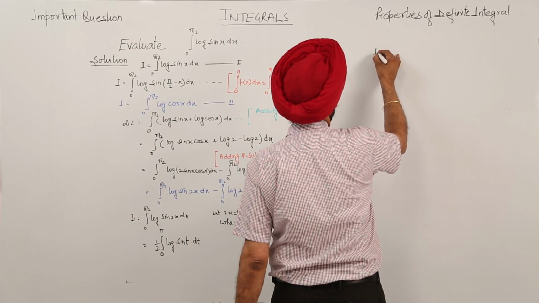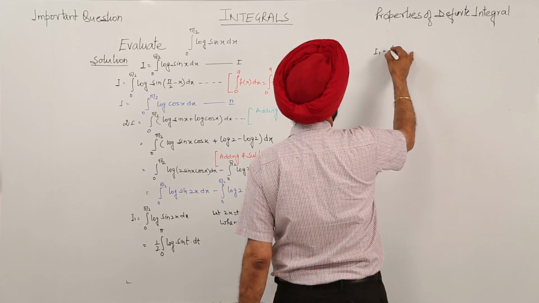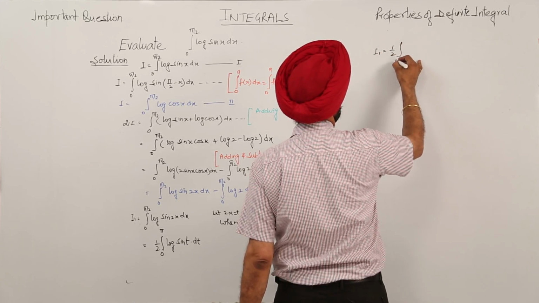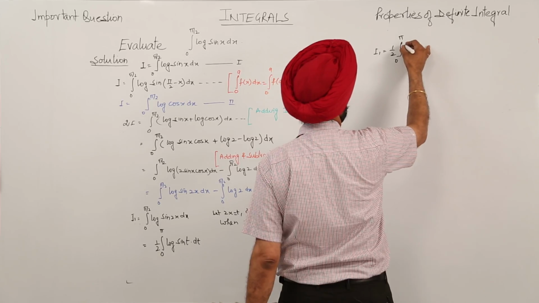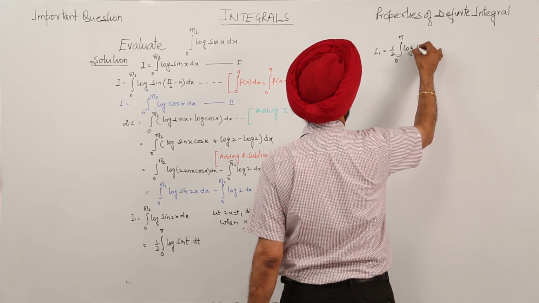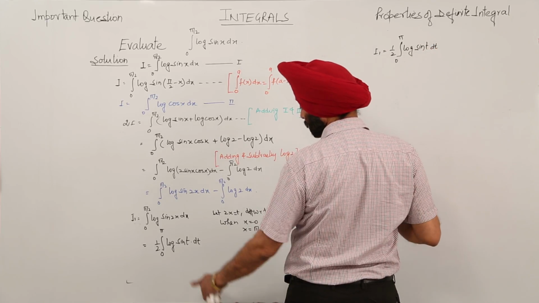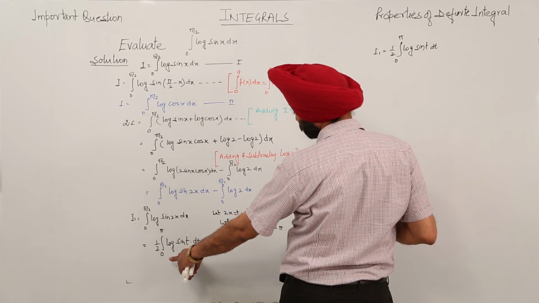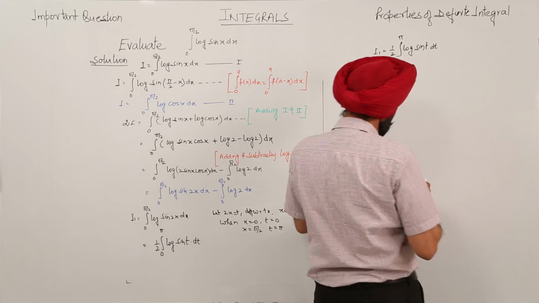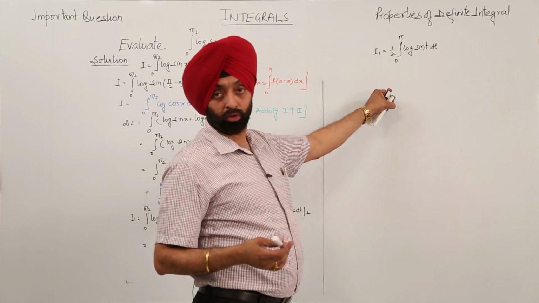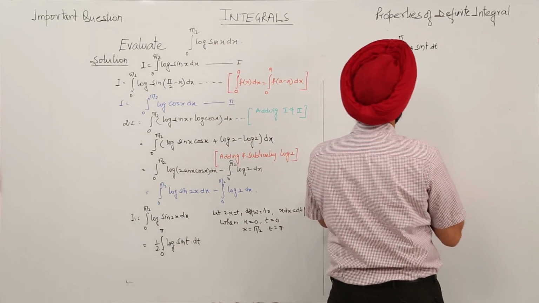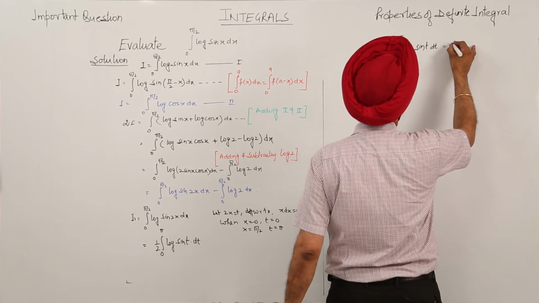We have I1 equal to 1 upon 2 times the integral from 0 to pi of log sin t dt. Now to this particular part, what can we write?